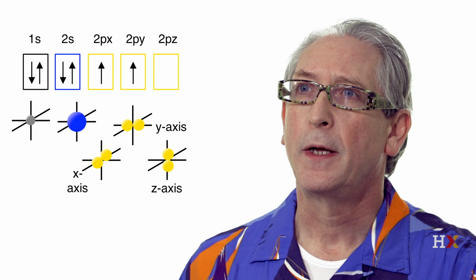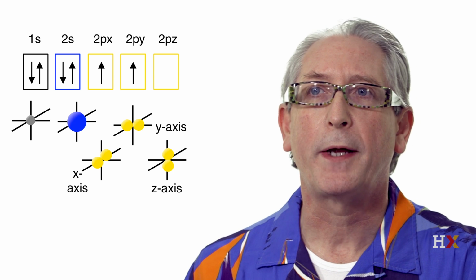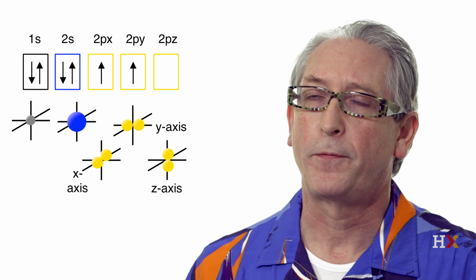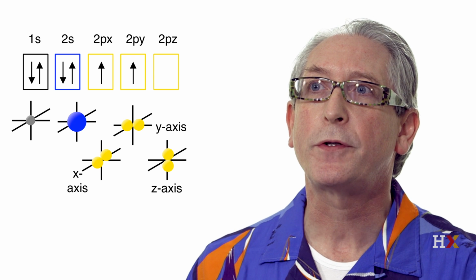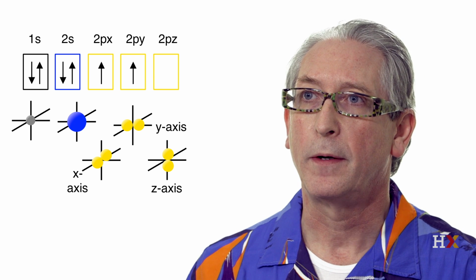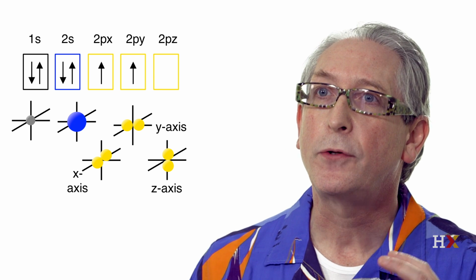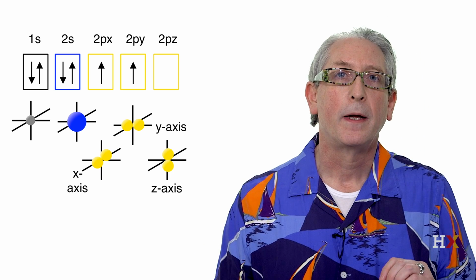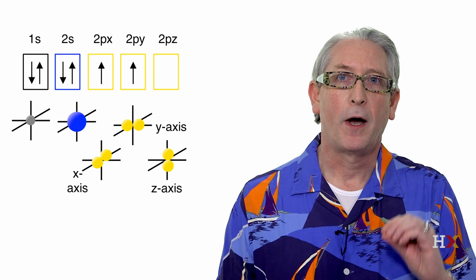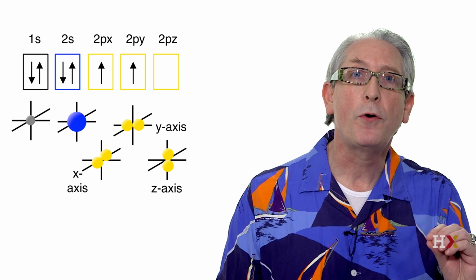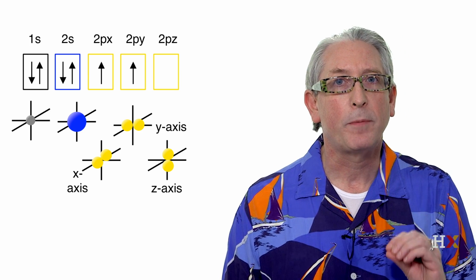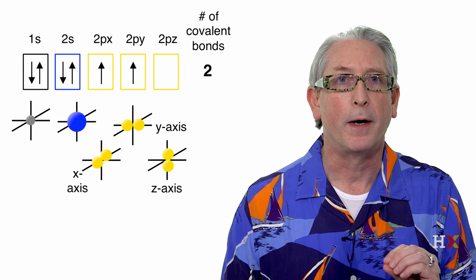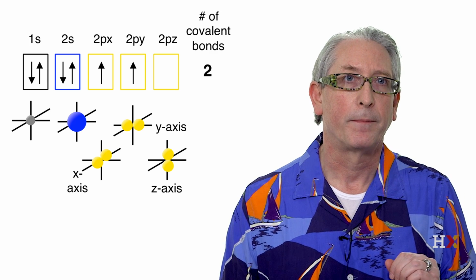Remember, covalent bonds between 2 atoms are formed when one orbital from each atom, carrying an unpaired electron, fuse into a molecular orbital which will now contain 2 electrons. Based on my description of the carbon atom with its 2 unpaired electrons, one could predict that a carbon atom can only form 2 covalent bonds with other atoms.